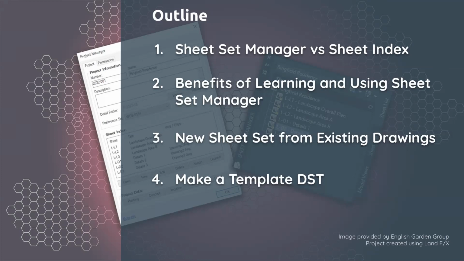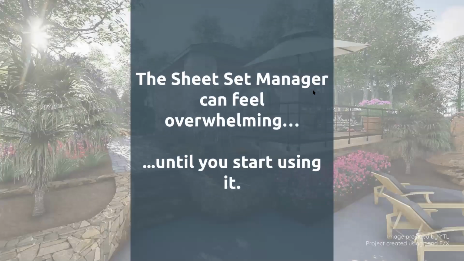So I'm just going to showcase the method that stood out to me as working really well with the Land F/X sheet index. I'm just going to preface that Sheet Set Manager is a powerful tool, but it's very complex too. But my aim today is to make it approachable for all landscape architects, because I know this is an underused and avoided tool, and it shouldn't be.